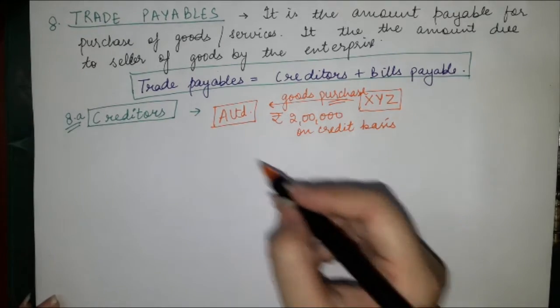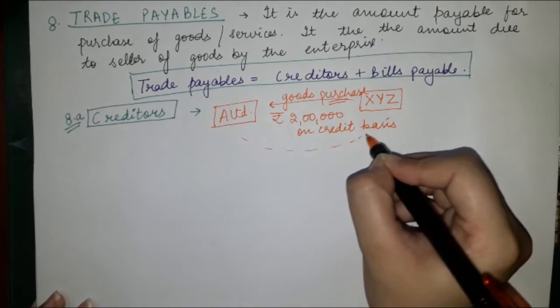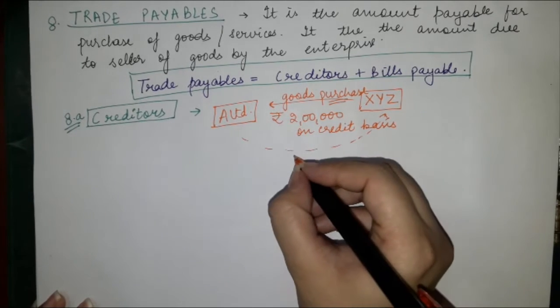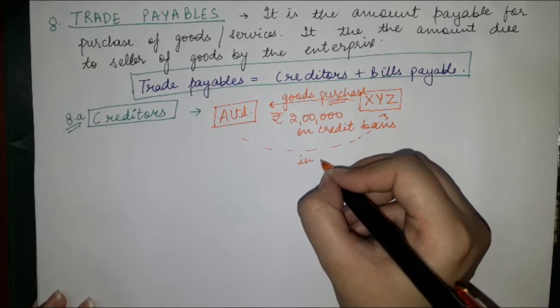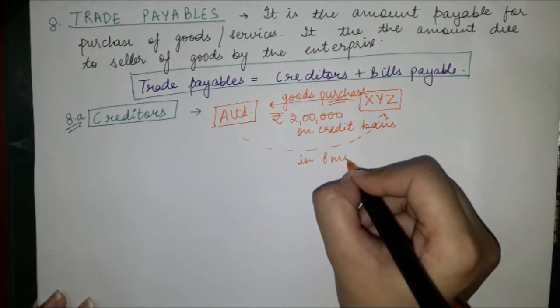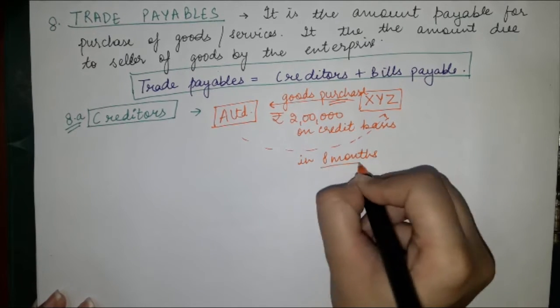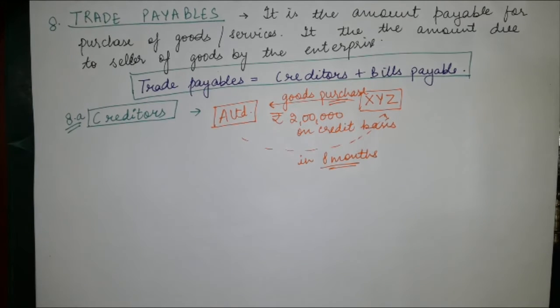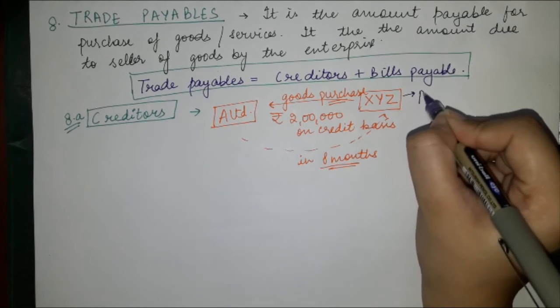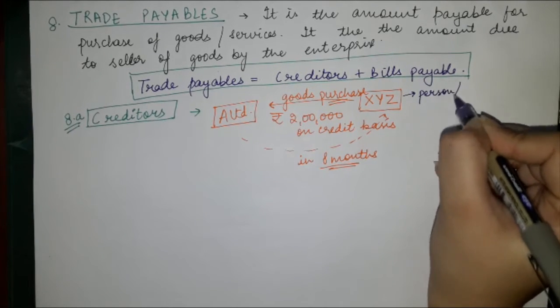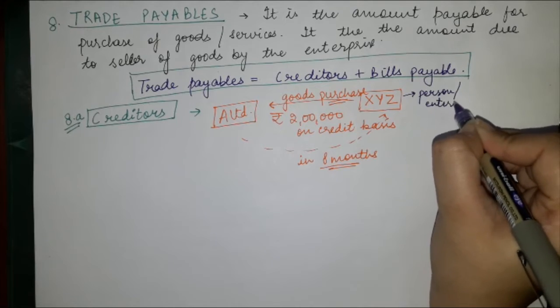Now in return I am promising XYZ that I will pay this amount in a time period of say 8 months. Very importantly, this XYZ can again be a person or an enterprise.